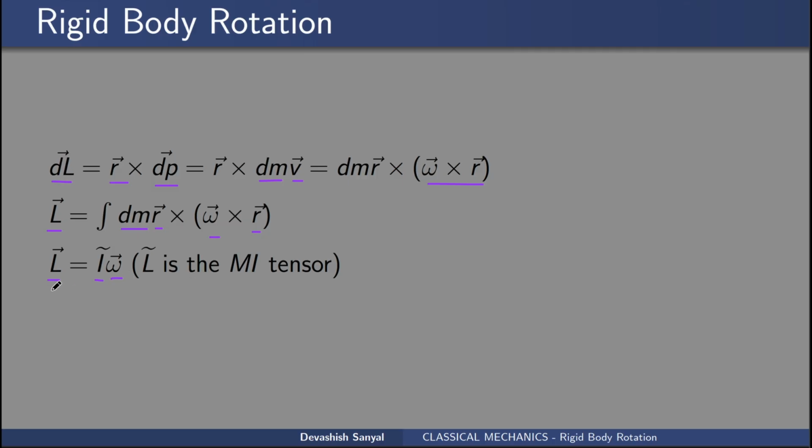L vector here is a column vector, and omega is also a column vector, and I tilde is the moment of inertia tensor.